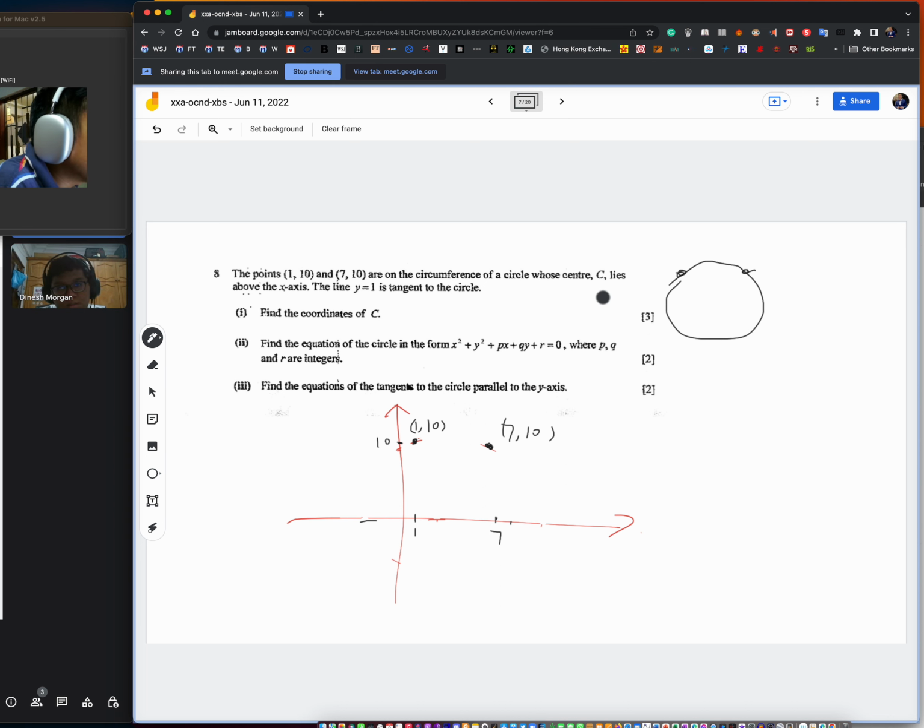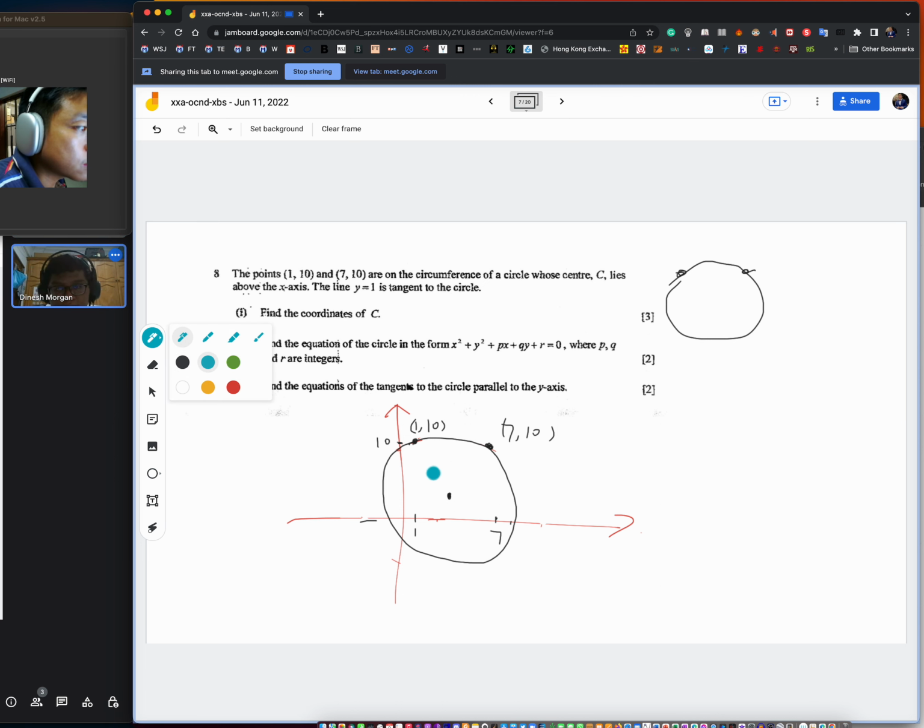Let me see. Center C lies above the x-axis. Oh yeah, that means I am correct. So I need to read the question carefully. Okay, so the center is here. So yeah, that's good.